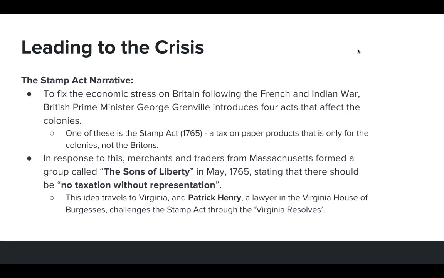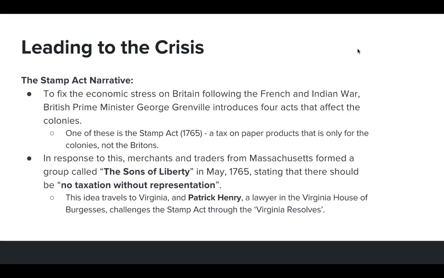That is a significant piece of information to take away. The Stamp Act that Grenville introduced to the House of Commons, and that the House of Commons passed, was only for the colonies. So the extra money paid for paper products was only if you're an American, not if you're a Briton.